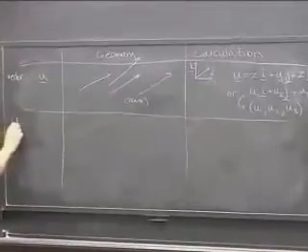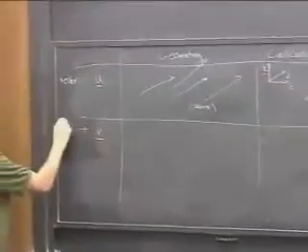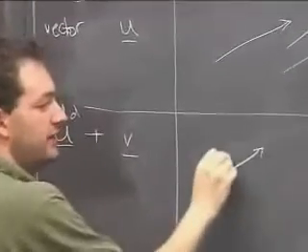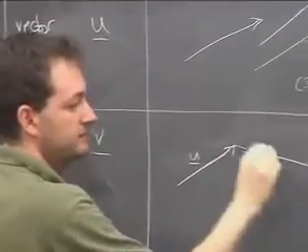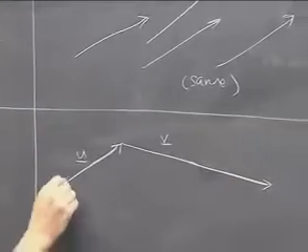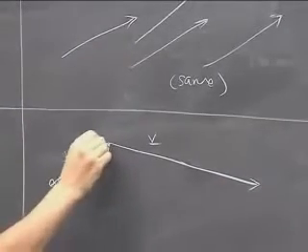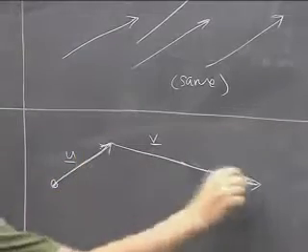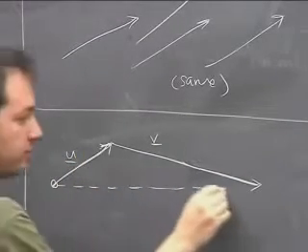If you want to add vectors, the geometry was that you lay them end to end. Make V a little longer. And then, having done that, you start at the beginning of U, and instead of going U then V, you just go straight to the end point.